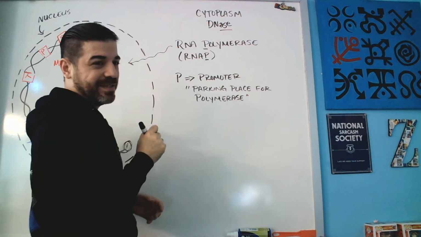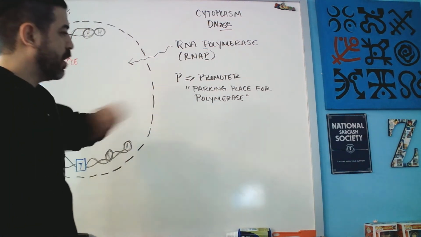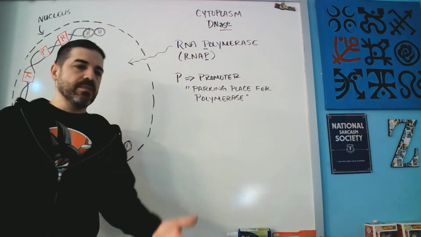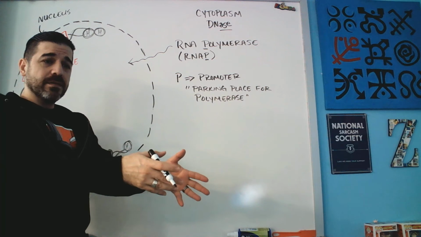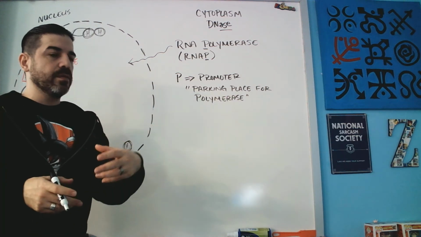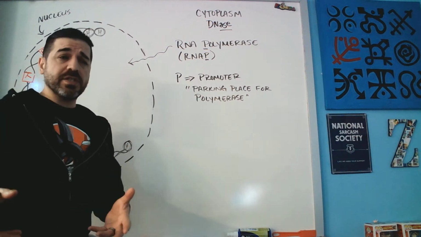Specifically RNA polymerase. Obviously, that's the one that we're talking about here. Before I can come into the building and do my job of teaching people, I have to go and park. So I've got to know where to go. I'm going to park at the right building, the right entrance to get into the room that I need to be in so that I can actually do my job.